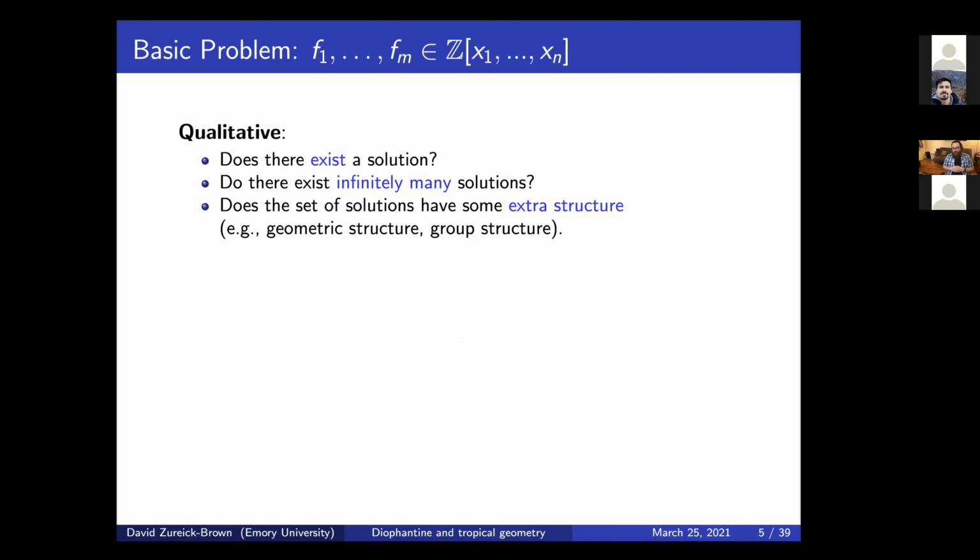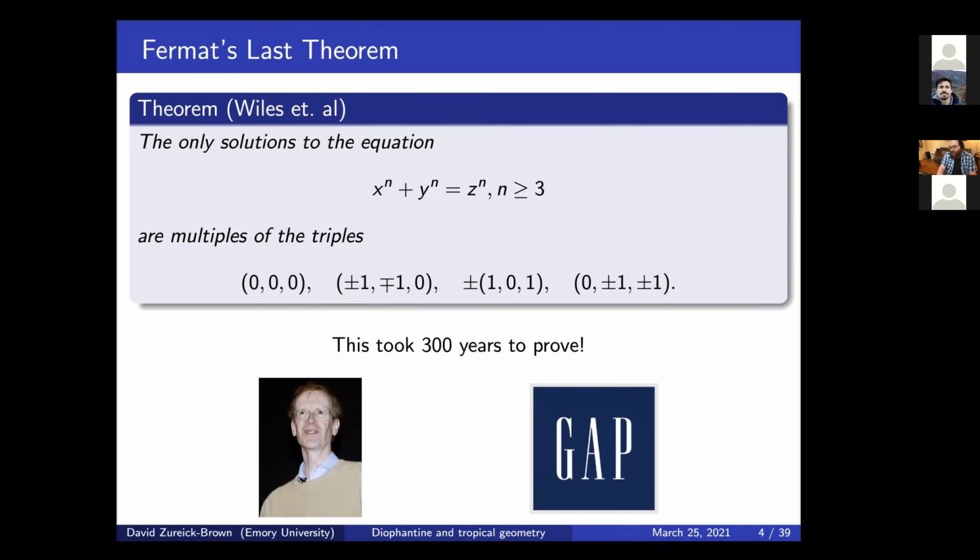So in Diophantine and arithmetic geometry, I like to phrase the different types of questions you consider like this. Qualitative: does there even exist one solution? That's already something that you can't do with a computer, unsolvable. But for certain special equations like Fermat, sometimes you can find them.